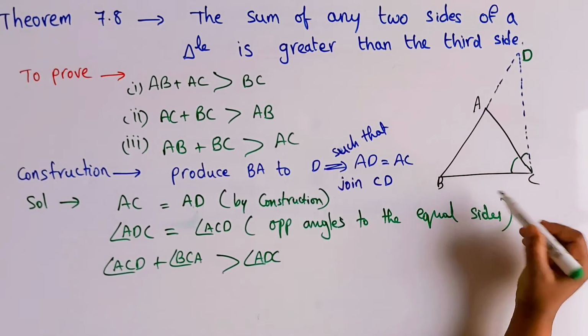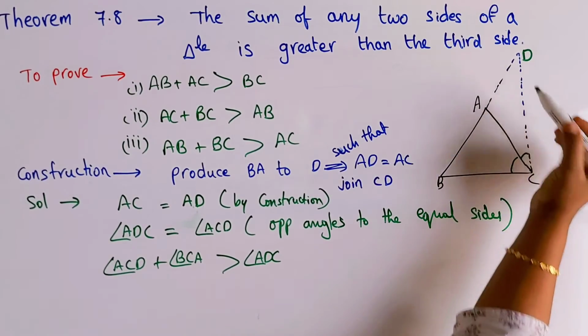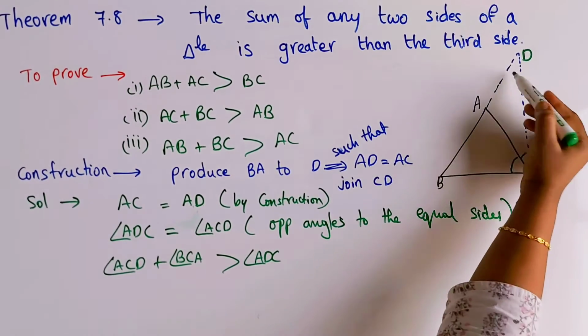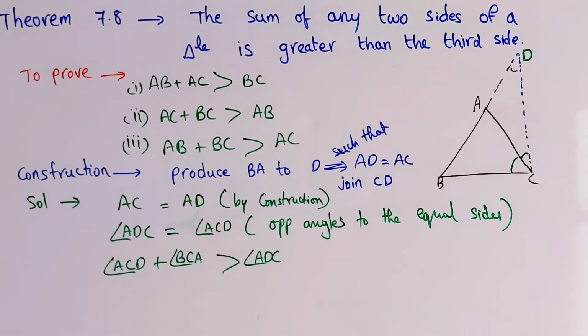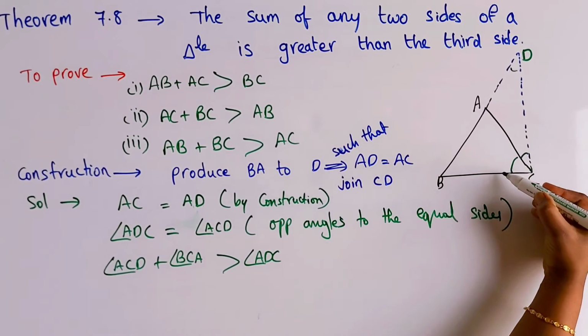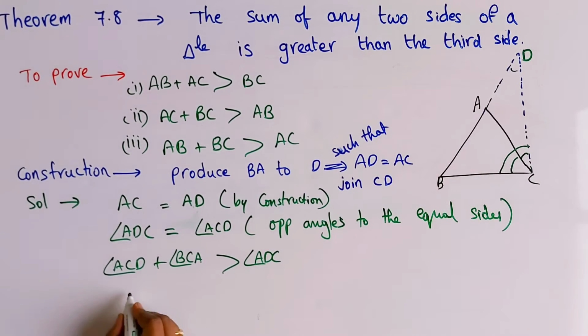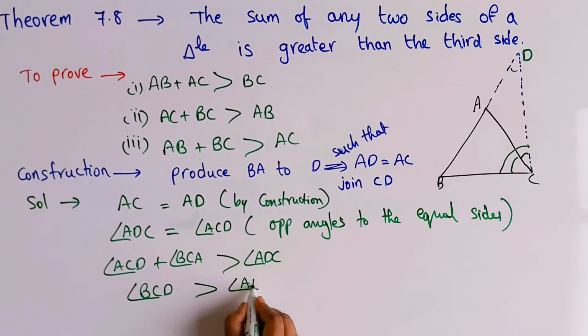That means I can say angle BCA plus angle ACD is greater than angle ADC. Correct children? That's what I have written here. What is angle BCA plus angle ACD? This is the total angle, angle BCD. So I am writing here angle BCD is greater than angle ADC, children.